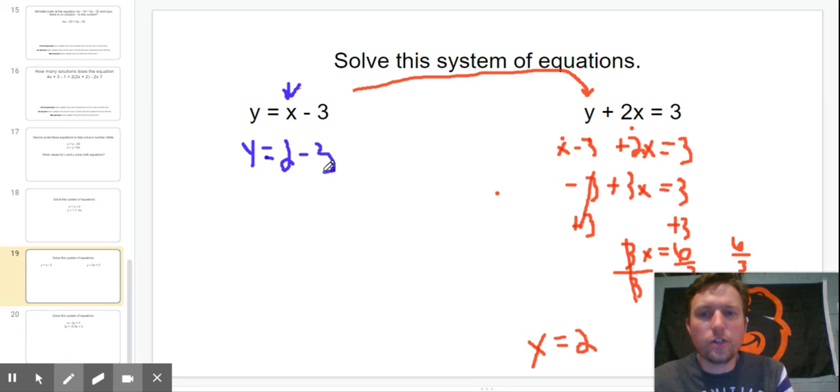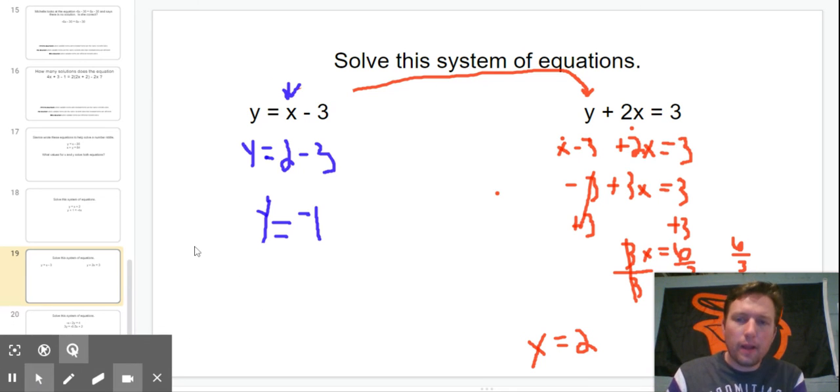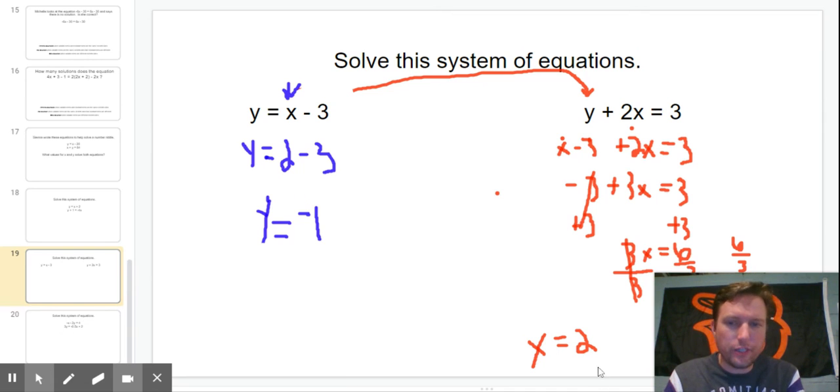And y equals negative 1, because 2 minus 3 is negative 1. So I have just solved for my x, which is 2, and y is negative 1.